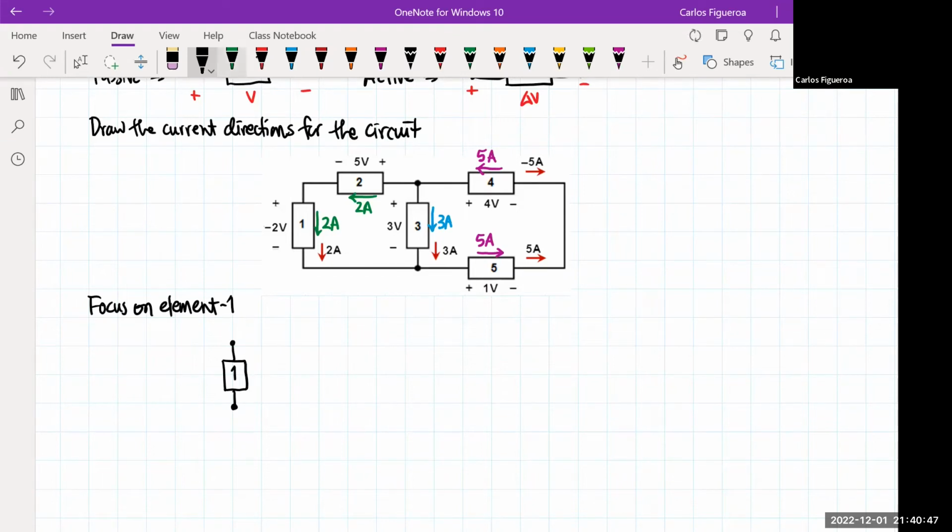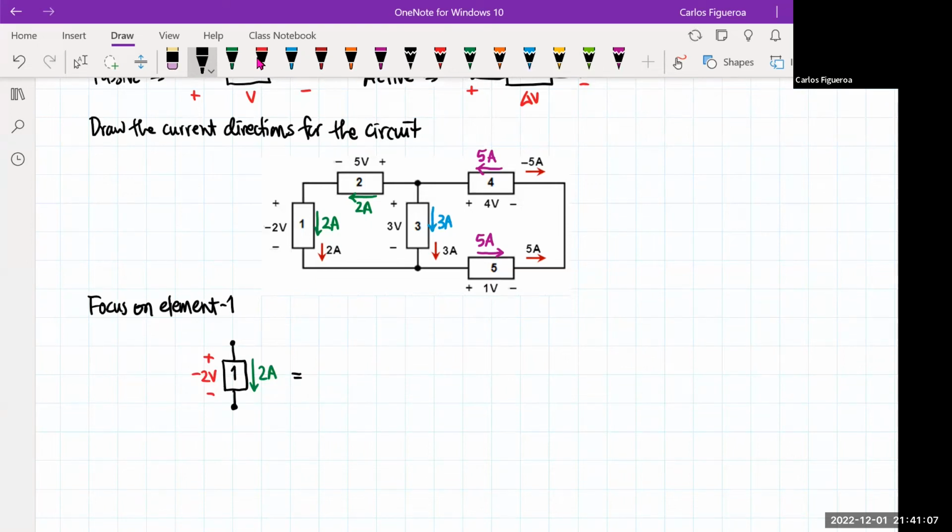Note that we've already identified the current that's going downhill, like that. But look at the voltage. The voltage reads plus, minus, minus 2 volts.